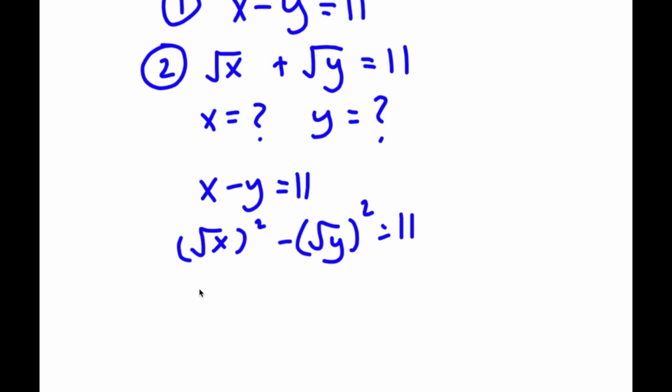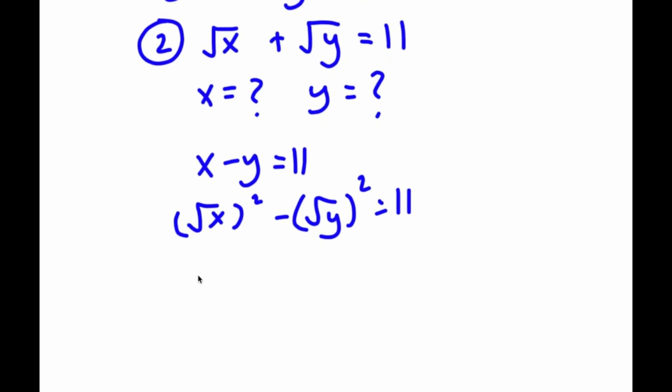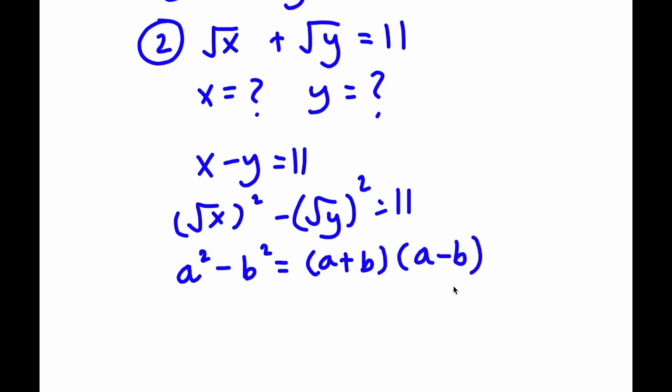Now, an important algebraic property is that if we have something in the form a squared minus b squared, this is equal to a plus b times a minus b. In this case, we can think of the square root of x as a and the square root of y as b.